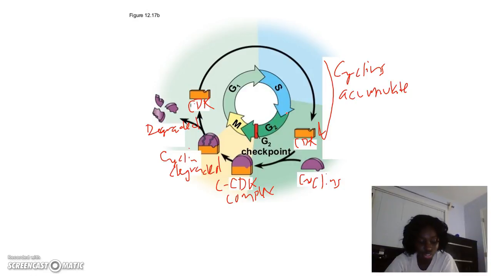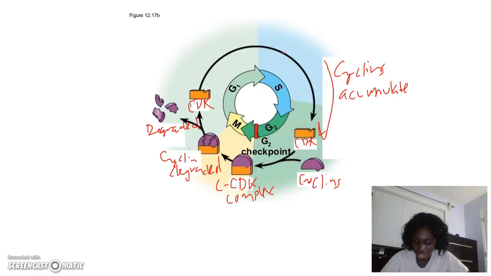It continues throughout G2, and because it's forming in this stage, it accumulates, and when it accumulates, it combines with many CDK molecules, which allow it to send signals throughout the cell that the cell is ready to pass into mitosis, which helps divide the cell. And during anaphase, when the component of the MPF is completely degraded, the CDK is deactivated because cyclins are degraded, and the cell moves back into G1.